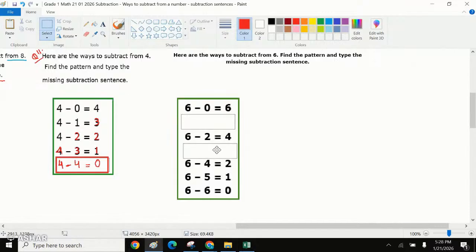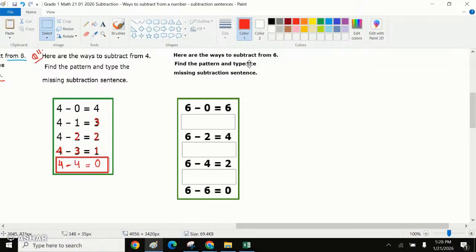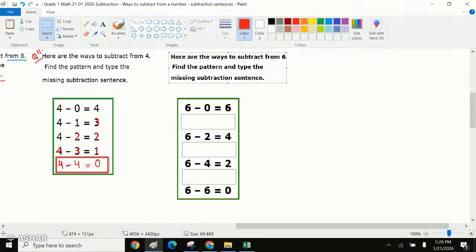Copy and paste. Okay. So what I did was I increased the number of missing subtraction sentences. So we would try to find all the missing subtraction sentences where the subtraction is being done from 6.